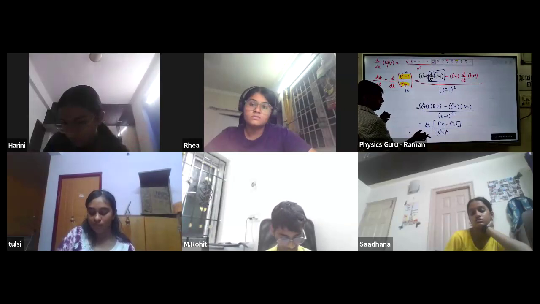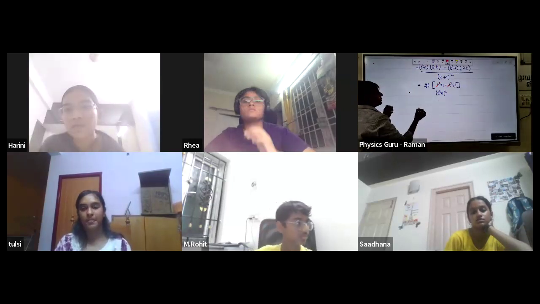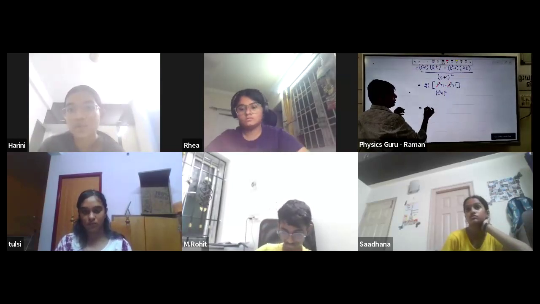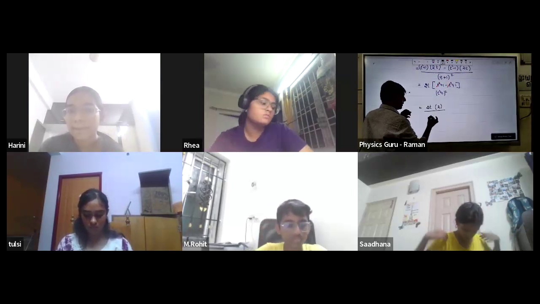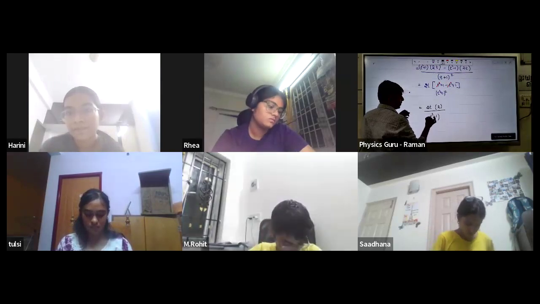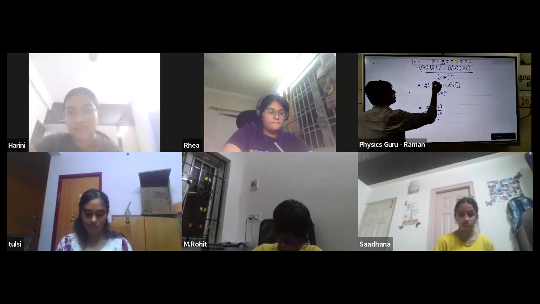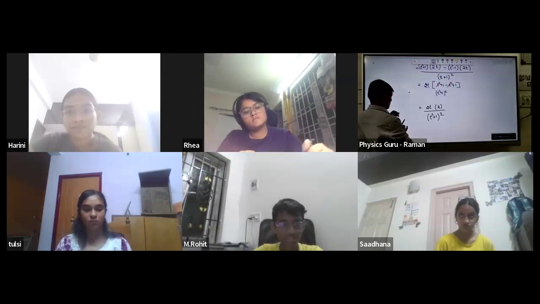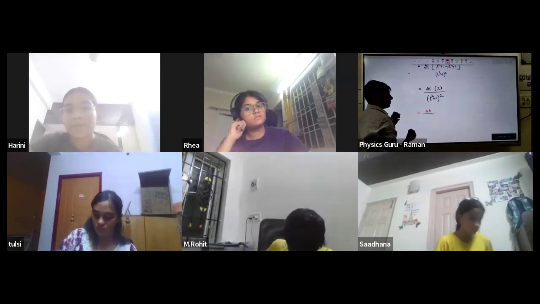So how do we proceed further? We can cancel plus and minus t squared. Then the remaining is 2t into 2, whole divided by (t squared plus 1) the whole square, which is 4t over (t squared plus 1) the whole square.